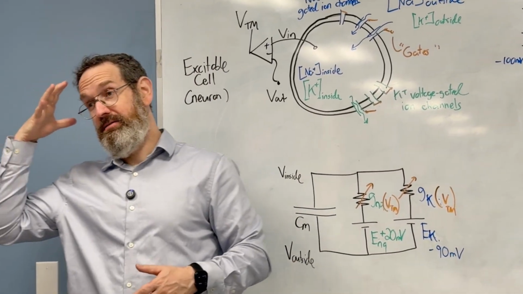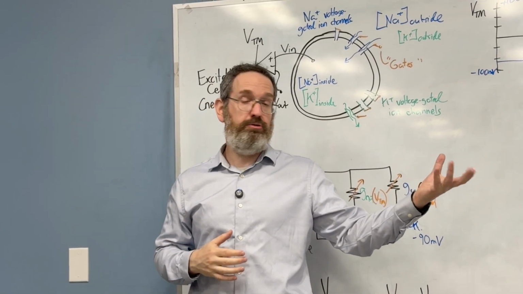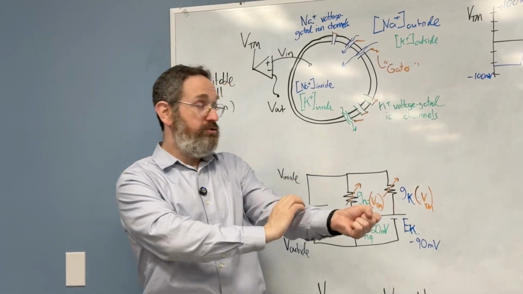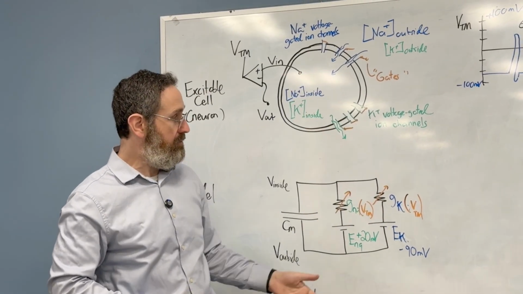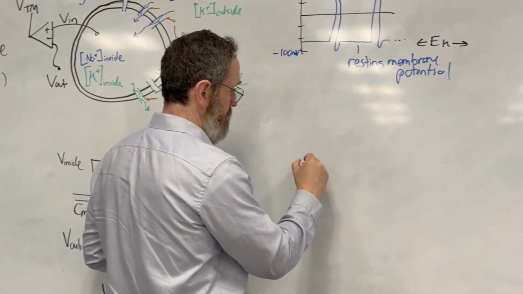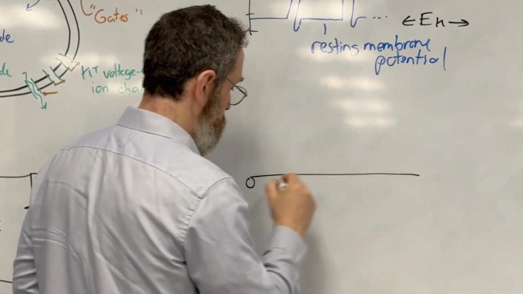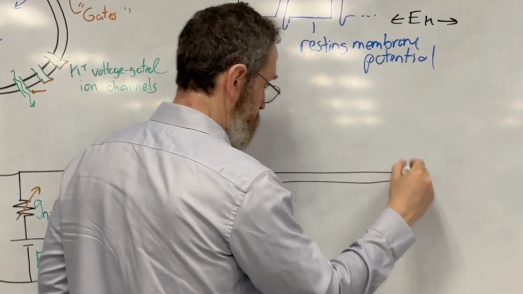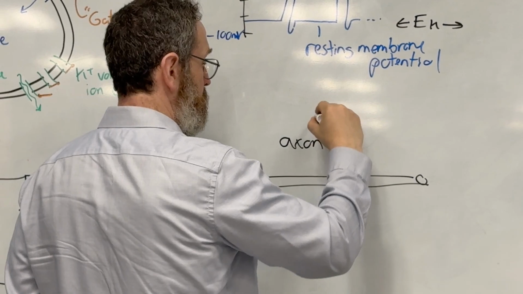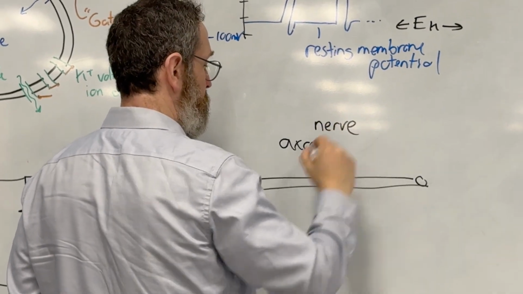When my brain wants my hand to close, that signal is sent down a very long, narrow cell that doesn't look like a circle. It looks a lot more like a tube, right? So this is what we're going to call the axon. You might call it a nerve.